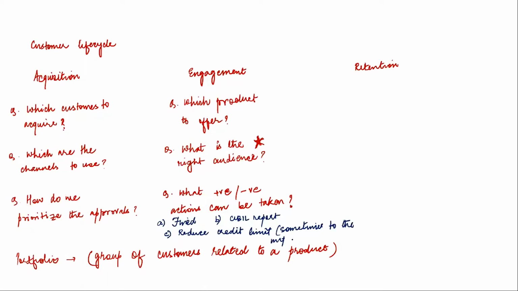Say I had a 1 lakh rupee credit limit and I have an unpaid balance of 25K. If I don't pay back, they will say your total credit limit is 25K only. You see what I'm saying? Sometimes they will reduce it to the unpaid balance. In addition to Ranjini's point and the other gentleman who mentioned the CIBIL report, this can also be a negative action. That's a few examples.